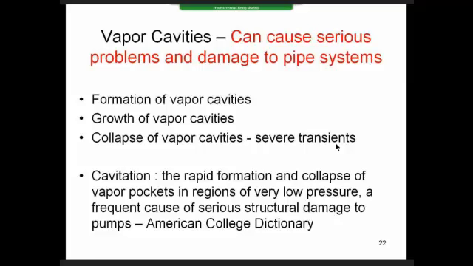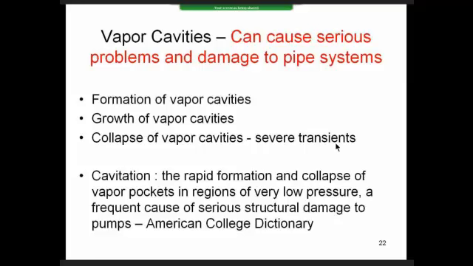Well, one thing I certainly want to stress in this is that vapor cavities are a serious cause of pressure spikes and need to be avoided. And I went back to the dictionary just to see what they'd say about cavitation, and I thought the definition wasn't too bad.